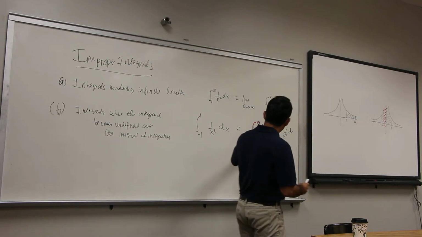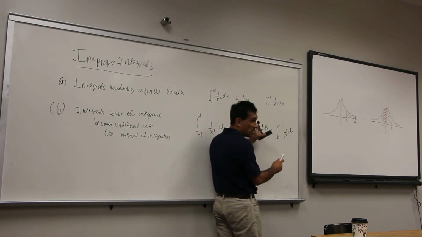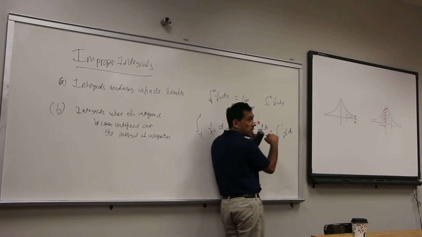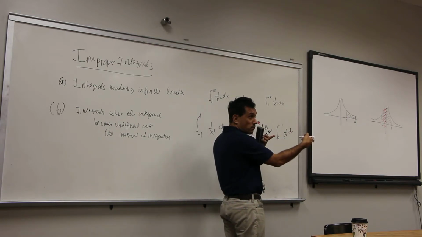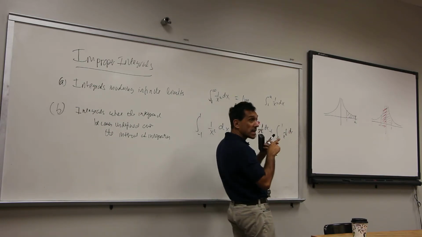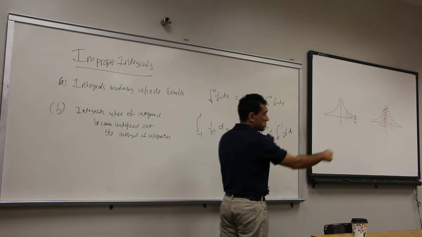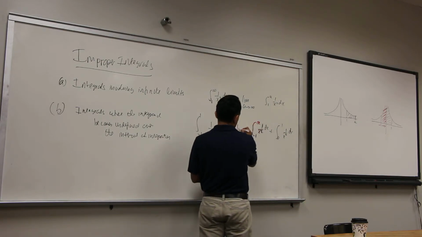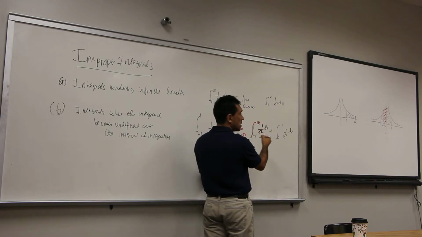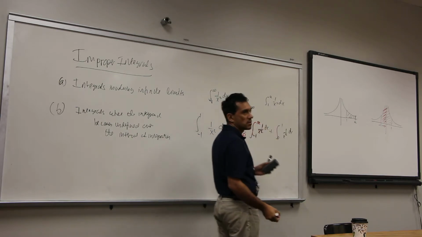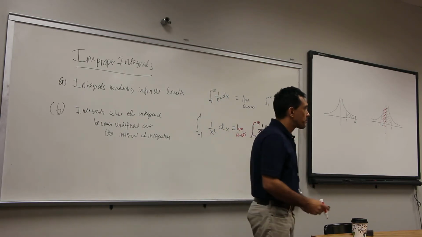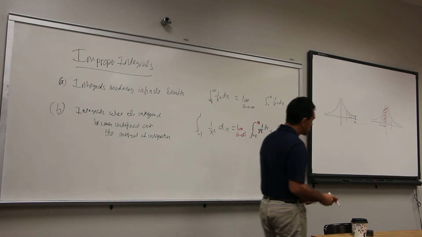So you will integrate from -1 up to some number a close to 0 but smaller than 0, and then let a go to 0 from the left. And then the same here.